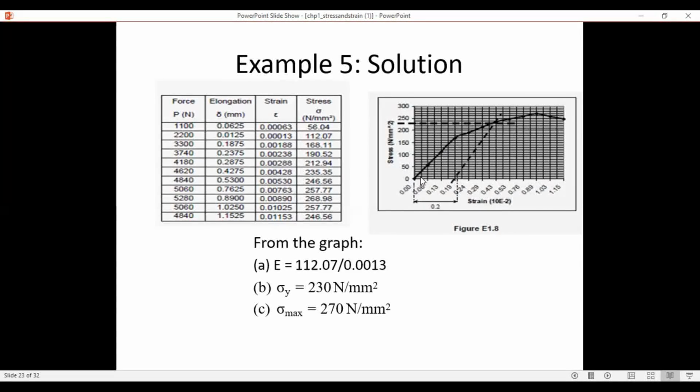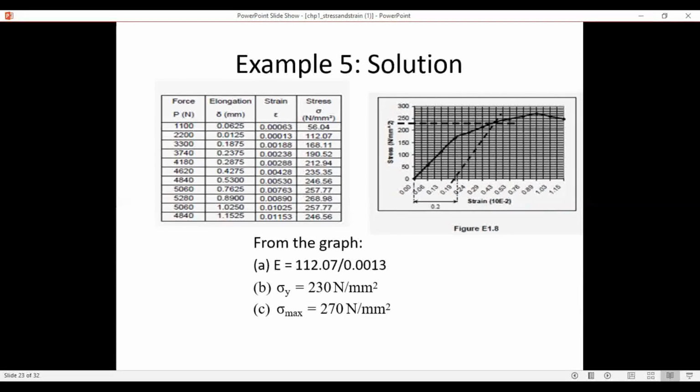If you observe my cursor here, this is the curve and this is the shape of the graph. To find the modulus, we use the formula of slope. In the first part, which is the straight line rising up, we use the slope formula and get the value for the modulus.